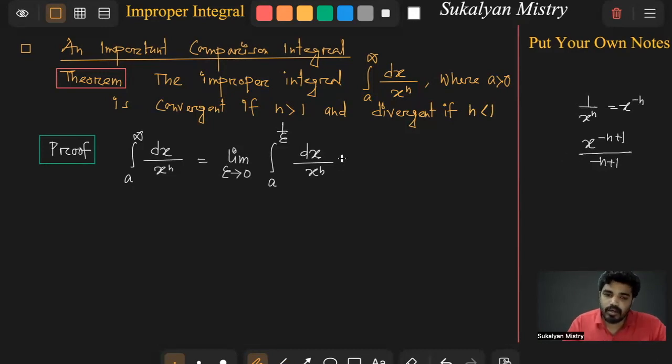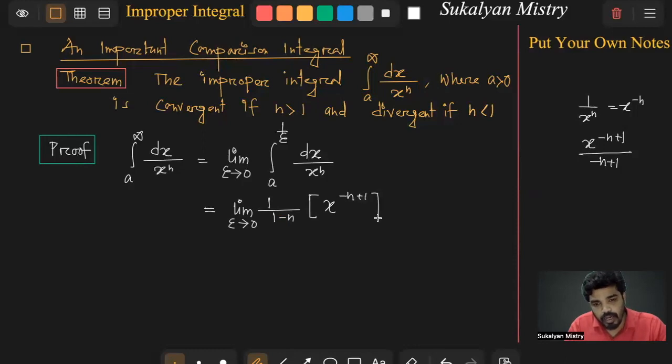ঠিক, so this equal to limit epsilon tending to 0. So 1 by x to the power n কে আমি ইন্টিগ্রেশন করছি. So what we get? So we get x to the power 1 minus n divided by 1 minus n. Okay, so 1 by 1 minus n into x to the power minus n plus 1.